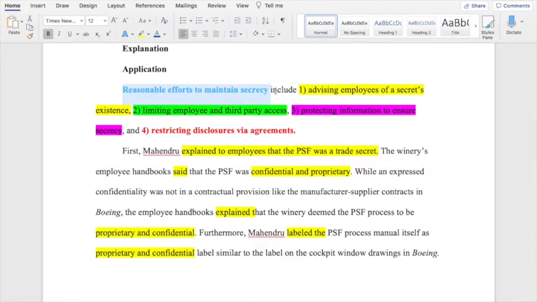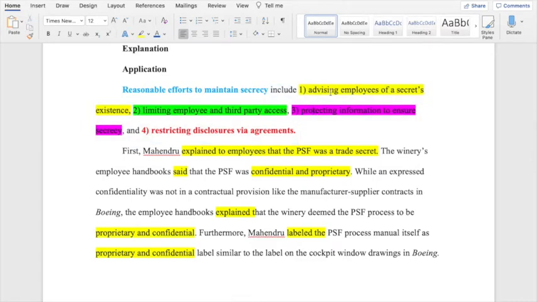And then the writer has divided that up into these subcategories here, or factors, indicating when a plaintiff has taken reasonable efforts to maintain secrecy.